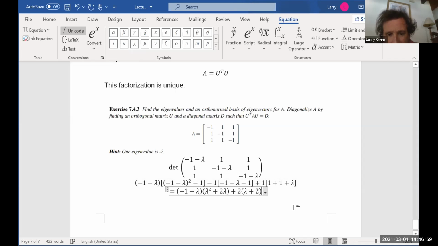Any questions on that? All right, notice that the lambda squared plus 2 lambda is lambda times lambda plus 2. I can factor the lambda plus 2, and when I factor the lambda plus 2, I get lambda plus 2 times the quantity of negative lambda minus 1, and then plus 2.